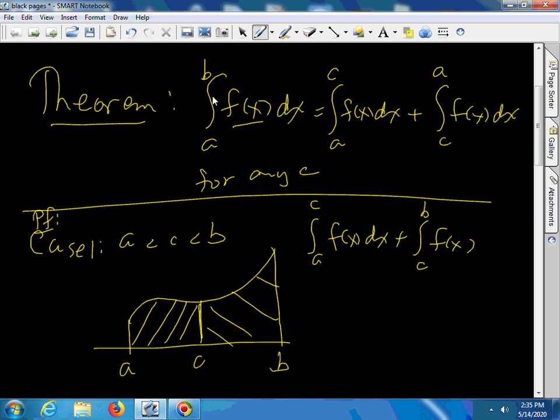Oh, look, that's the area from A to B. This is equal to the area from A to B of f of x. So in case 1, we got what we wanted.